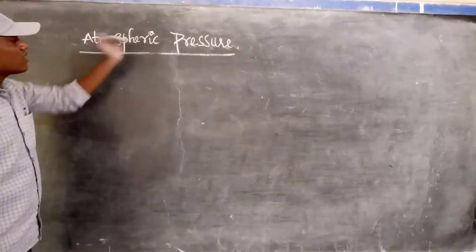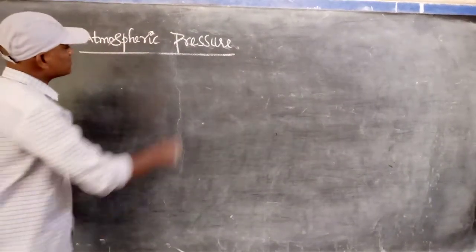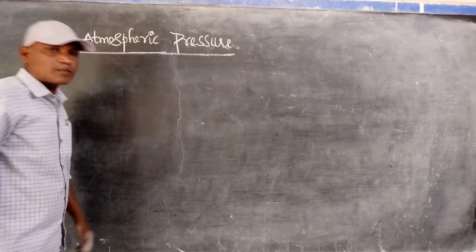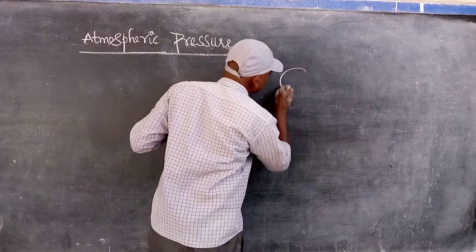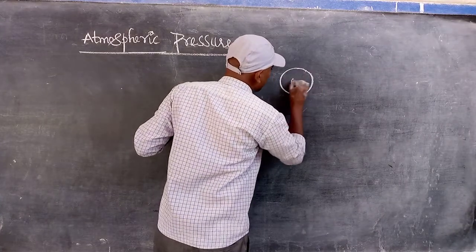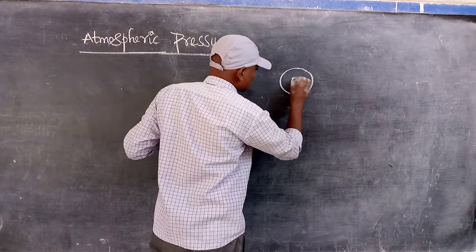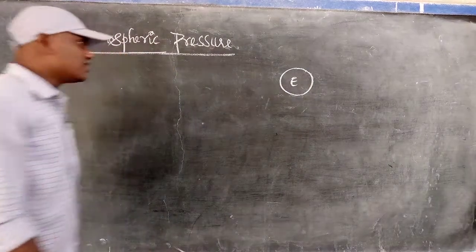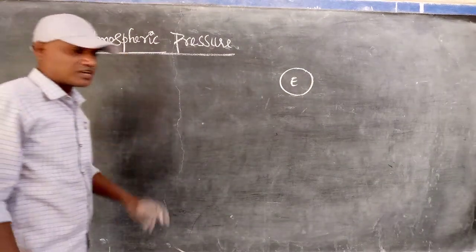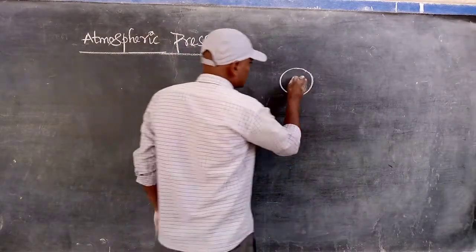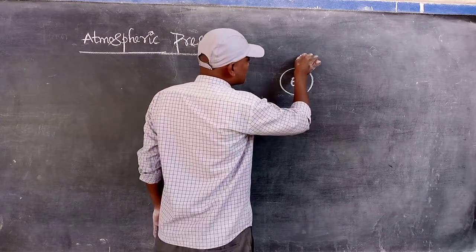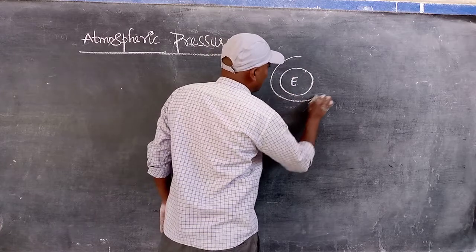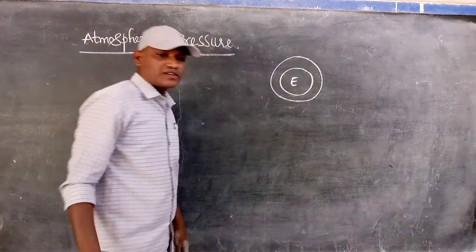But what is atmospheric pressure? First we discuss what the atmosphere is. We know this is the earth. In which shape is the earth? Spherical shape, generally. Our earth's surface is surrounded by a blanket of air. Listen very carefully.